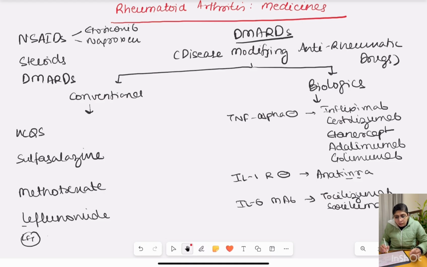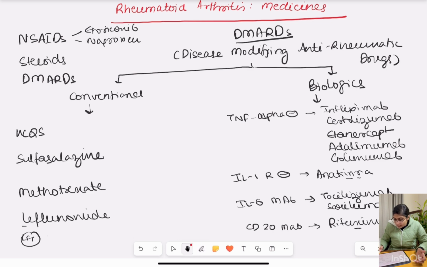Then we have CD markers. There are certain CD markers which increase in rheumatoid arthritis and are involved in its pathogenesis. These CD markers are like CD20, CD28, CD68, and we have medicines that act through them. For example, a monoclonal antibody against CD20 would be rituximab.